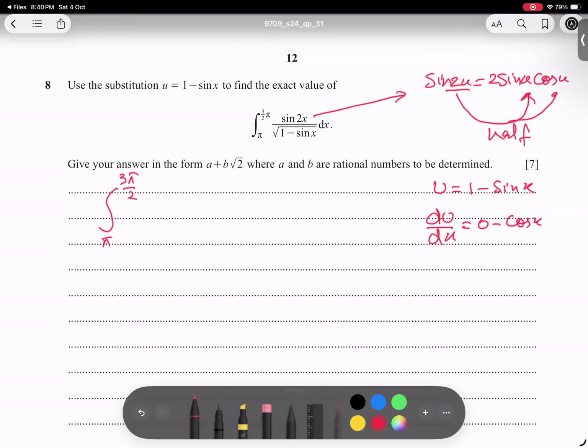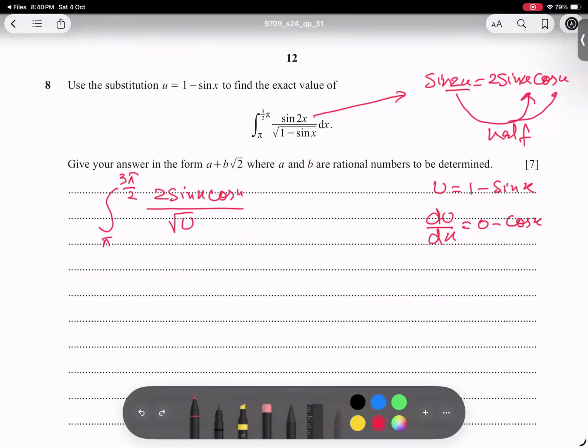So it means I can open it on the numerator: 2 sin x into cos x. Okay, the denominator, you can see it is a complete match, so I can replace it by u. So in the numerator, I got root of u. And what about dx?